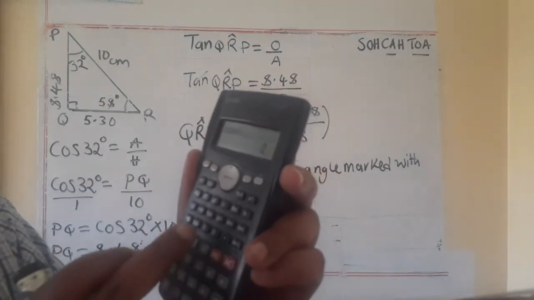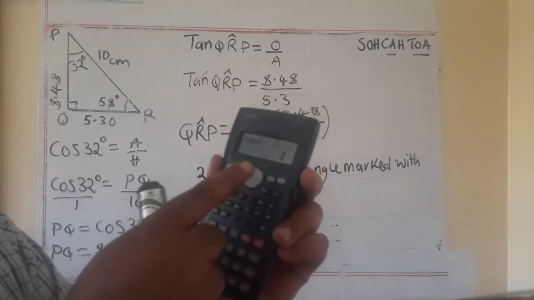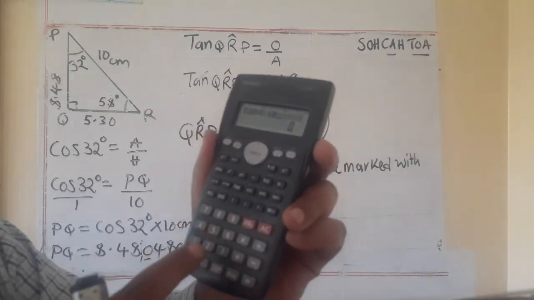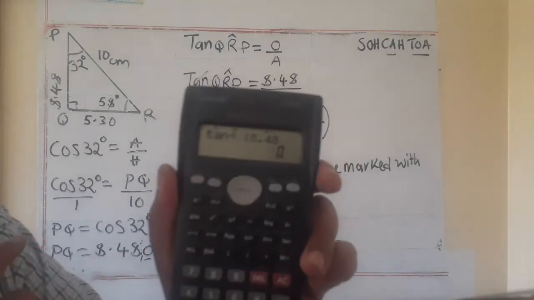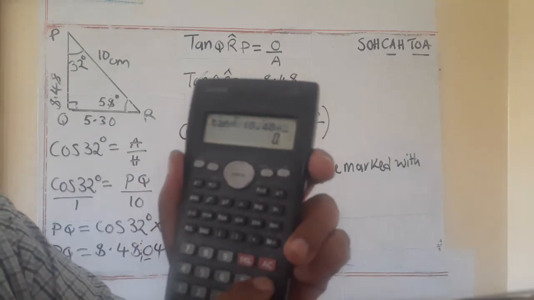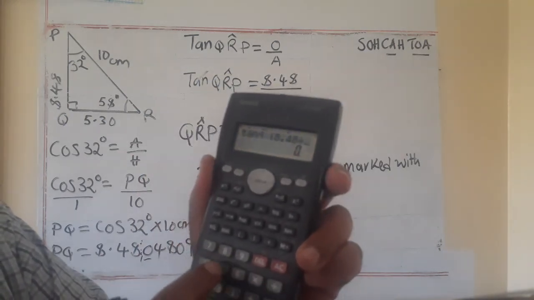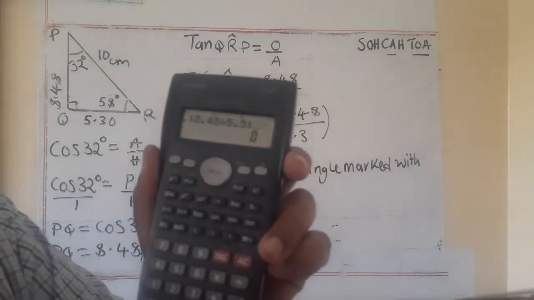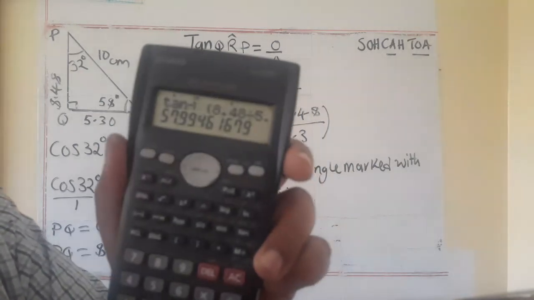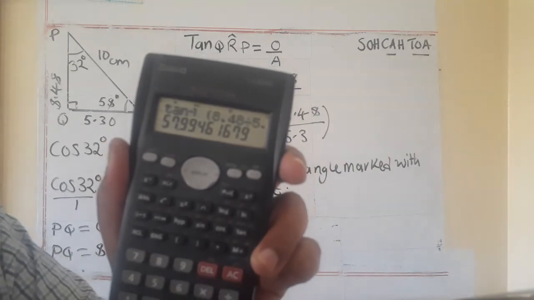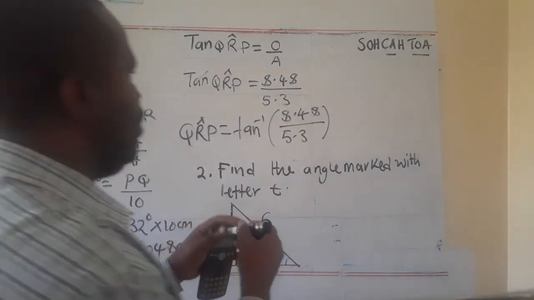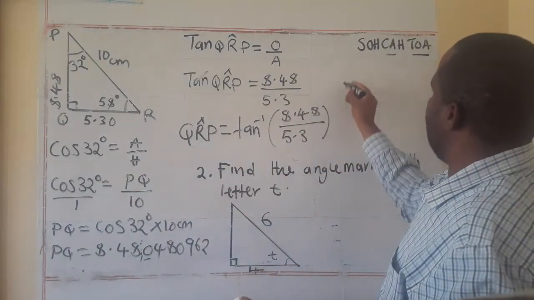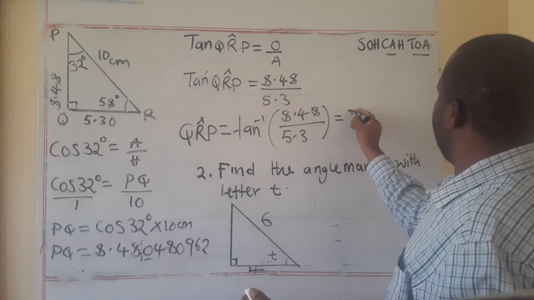Some calculators will require brackets, so you open bracket, 8.48, divide by 5.3, close, then equals. This is what you are going to get.